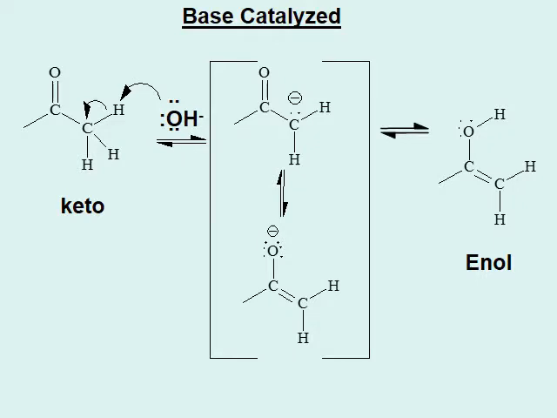In base-catalyzed enol formation, OH minus first contributes. You can see here OH minus has 3 pairs of electrons. It contributes its electron pair to hydrogen, in this case this hydrogen. And as the hydrogen makes a bond with that oxygen, it has to give up its electron pair from here onto carbon, because hydrogen cannot have more than one pair of electrons.